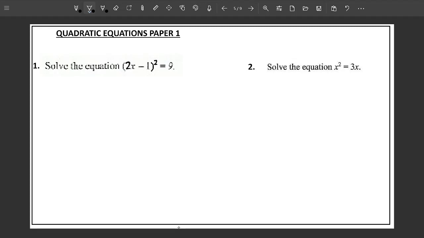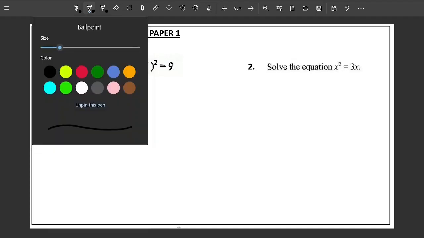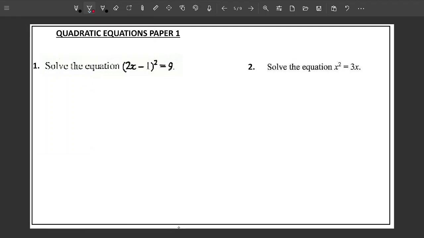So now here this is a quadratic expression. When they say solve the quadratic equation, they need you to find the value of x.